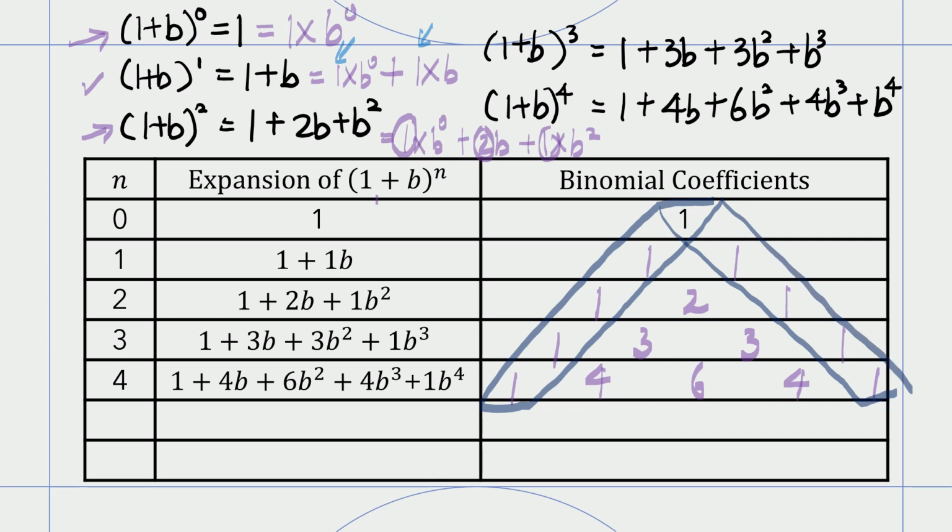That is the first pattern. And then it's symmetrical. If I draw a line that cuts through, you see it's symmetrical along that line. Then the third observation, which is very important.